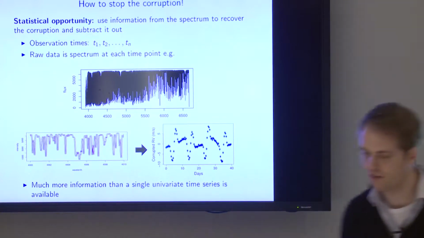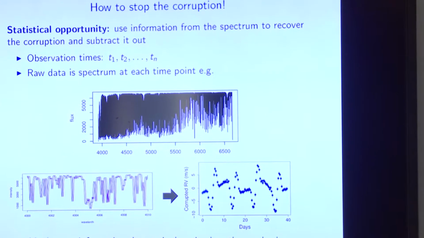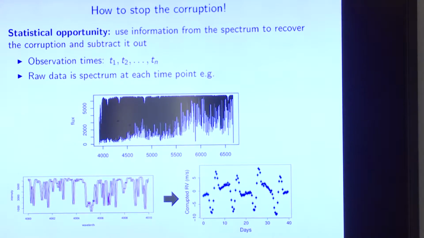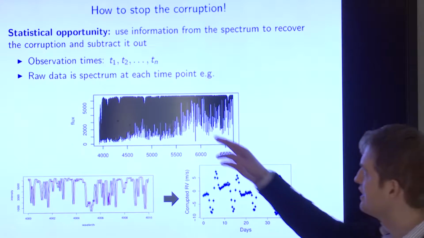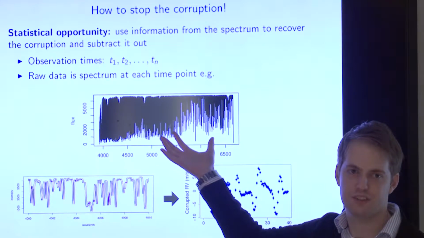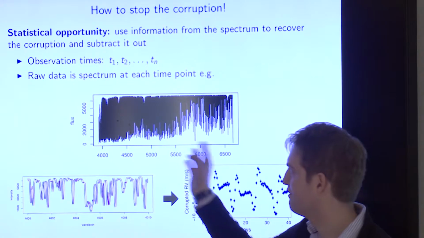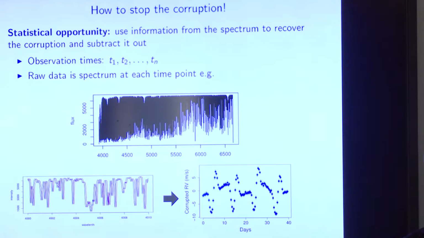So what we would like to do is stop the corruption. What we actually observe is that at different time points we record the entire spectrum of the star's light, so at different wavelengths we have all the different values.